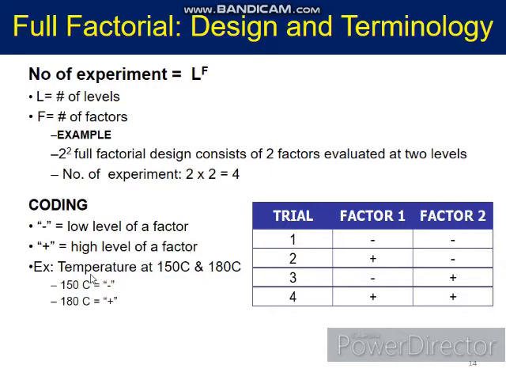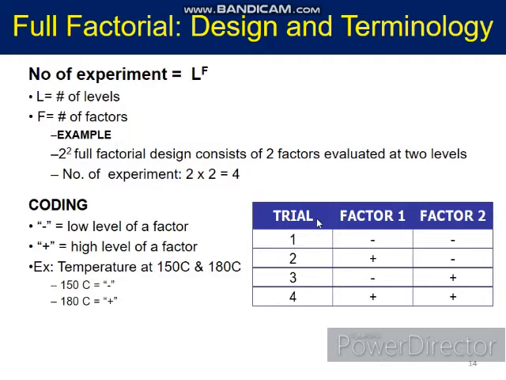For example, if temperature is a factor, and you're going to evaluate it at two different levels, 150 degrees Celsius and 180 degrees Celsius, then 150 degrees Celsius is minus and 180 degrees Celsius is plus. So minus is the low level, and plus is referring to the high level.